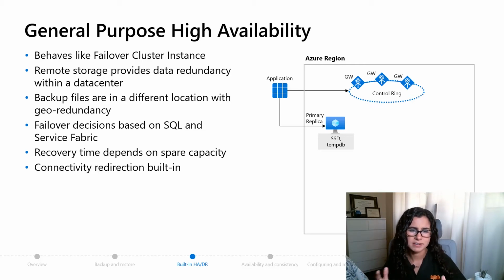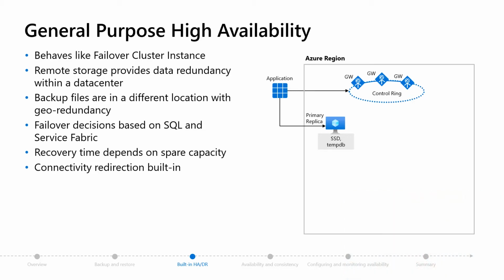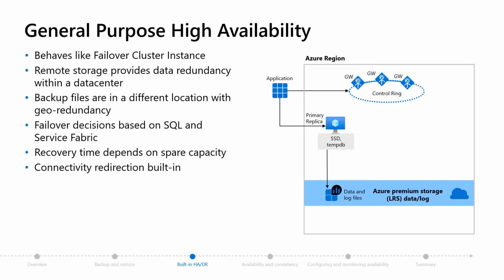I'm not going to get too much into it. On this primary replica, you have tempdb, and your data and log files are stored in LRS, or locally redundant Azure Premium Storage. And like I mentioned, your backups are in Azure Standard Storage, which is geo-redundant.